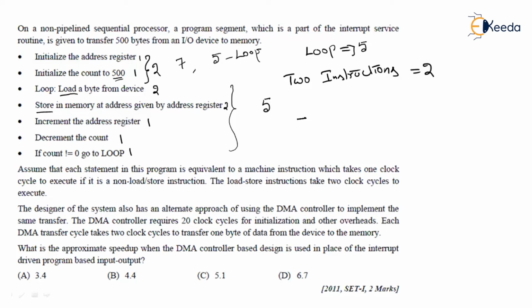The 2 load and store instructions take 2 clock cycles each, which is equal to 4, and the remaining 3 instructions will take 1 clock cycle each. So that is 4 plus 3, and the loop is getting repeated for 500 times. So that is 7 into 500, which is equal to 3500.